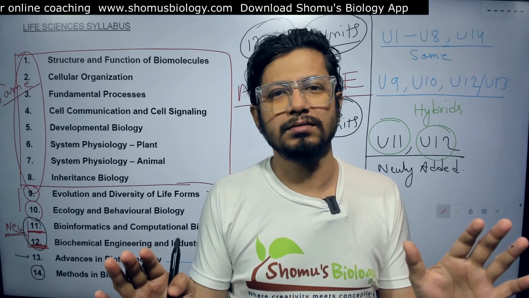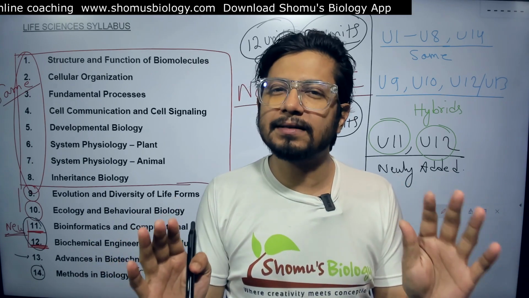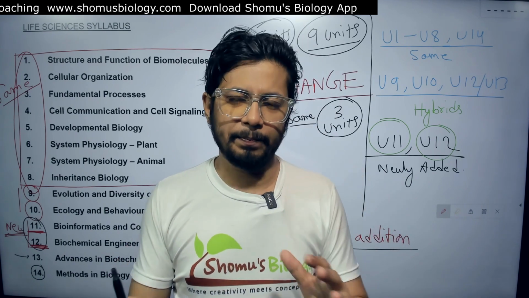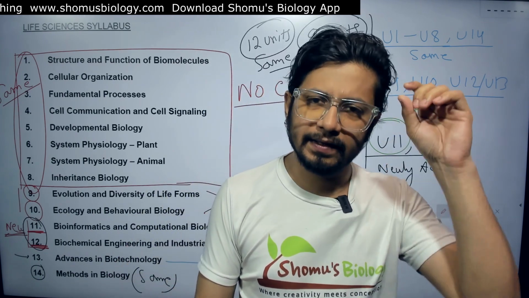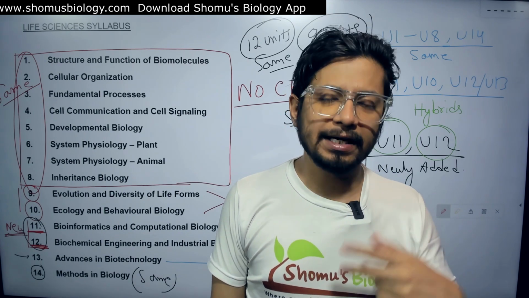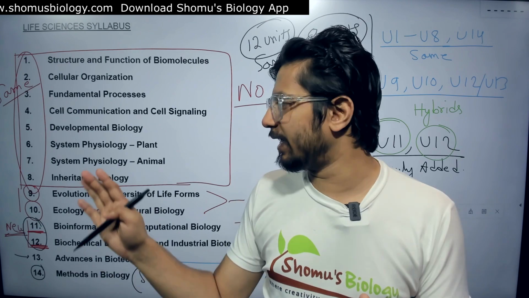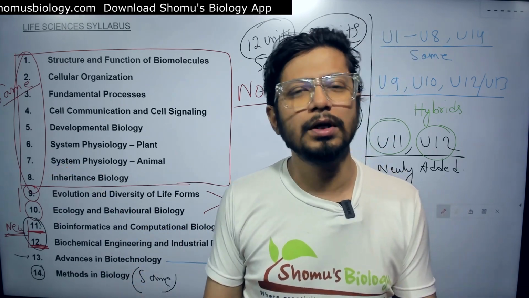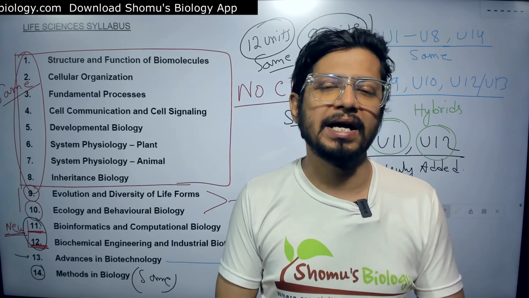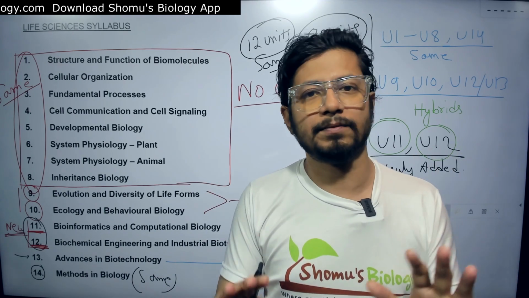There is not much to be afraid of. We can cover this. As we successfully prepared the 13 units, we can also prepare the 2 new chapters that are added. They say it was 13 and became 14, but that's not true. 2 chapters are completely added and 1 chapter is half new, mixed and matched. So 2.5 chapters have been added.